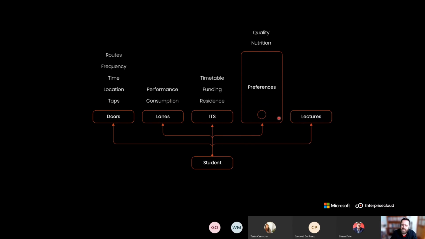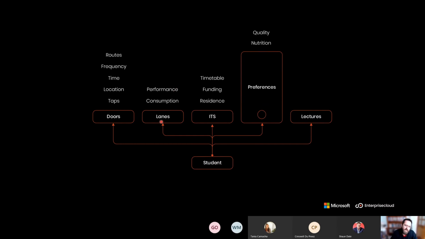One of the additional side effects of collecting data is that you can start to see things that you never knew you could see before. So as an example, if I took a student in a lane in a meal hall, and all I did was one subtle change in my data, I said, look, on that meal hall for that particular lane, the average nutritional value of the meals that are served there are X. So in other words, a yogurt contributes X in terms of calories and calcium and all the various different vitamins, and fruit does the same. And we went and profiled it.